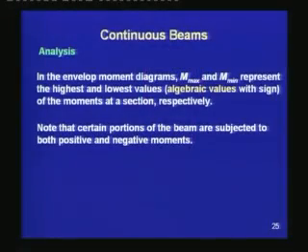M max is considered to be a positive moment, M min is considered to be the negative moment with the maximum numerical value. Note that certain portions of the beam are subjected to both positive and negative moments.